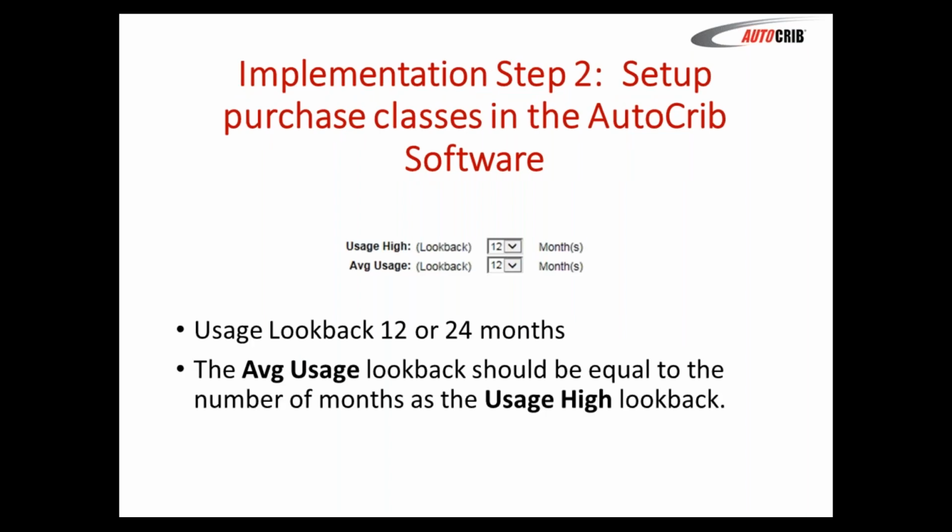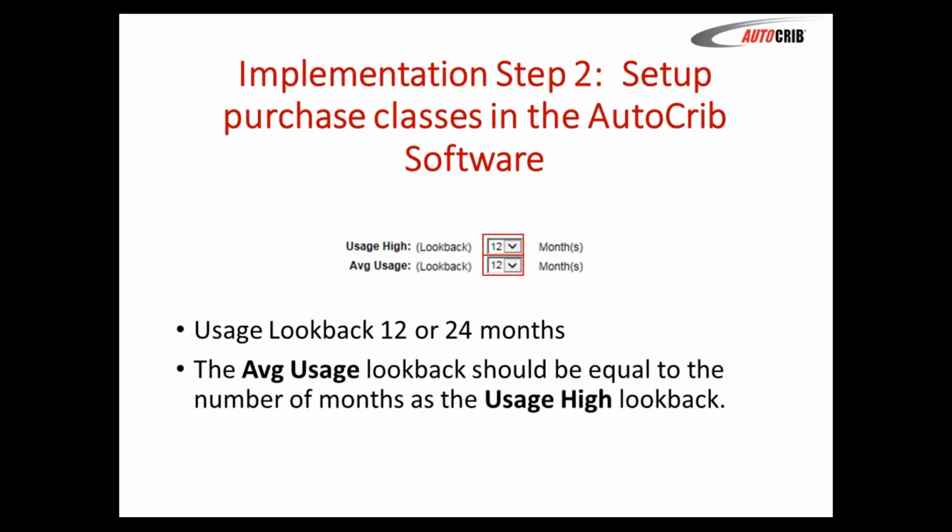The usage high and average daily usage fields are drop-down fields that allow you to select the number of months for the look-back period. From the usage high drop-down field, select the number of months to analyze the highest spike or demand in usage for the selected period. AutoCrib suggests 12 months as a look-back period.